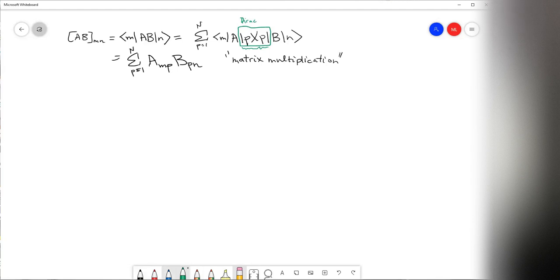And sometimes you want to treat them as separate and think about this whole thing as a little inner product. But, of course, they're the same thing. It's just how you group things. That's what the Dirac notation lets you do, it lets you recombine things however is convenient in order to prove something, show something, or calculate something.